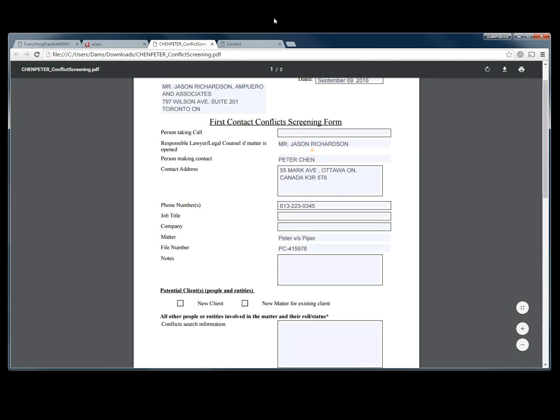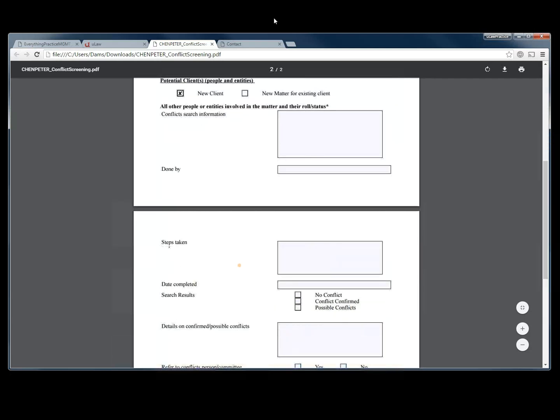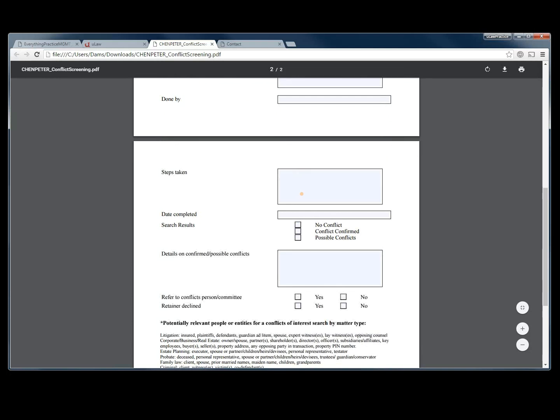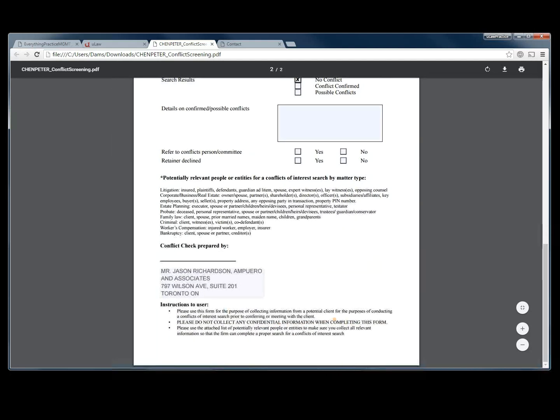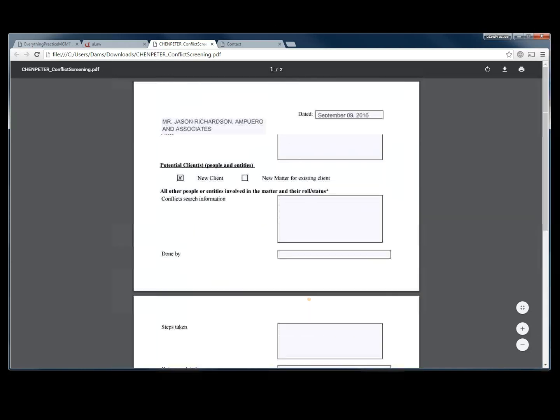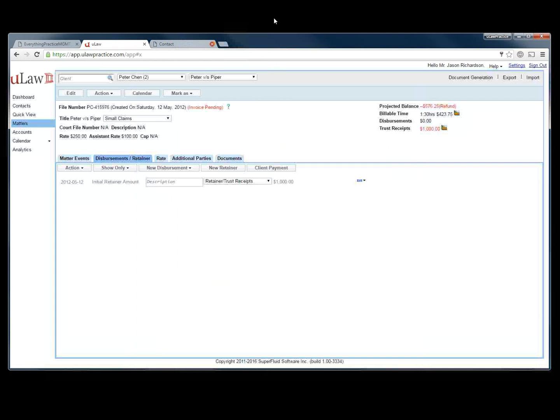You fill in the name of the person who did it, the client, whether it was a new client or not. What were the steps taken? If there was no conflict, you can just say no conflict. But if there was a conflict, how did you resolve it? Was the retainer declined? Having all these things well documented, this is just one such template, can go a long way as far as conflict check is concerned.